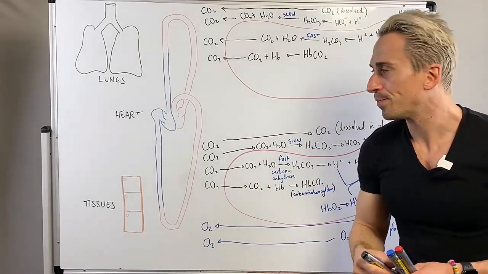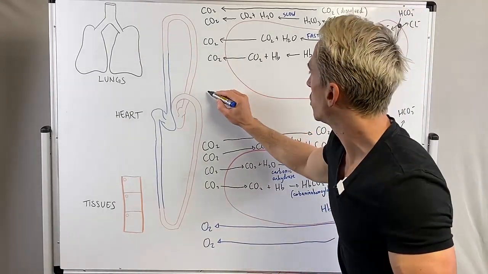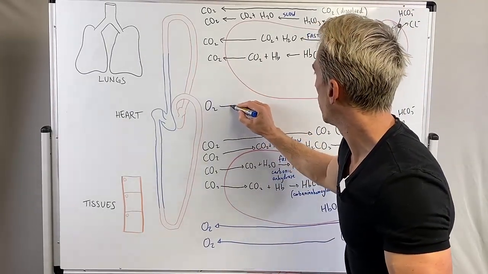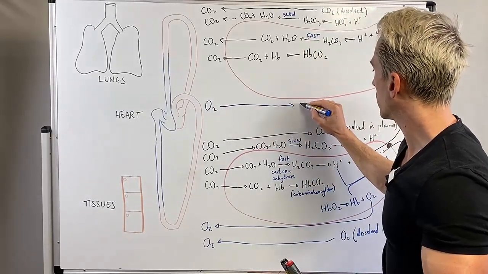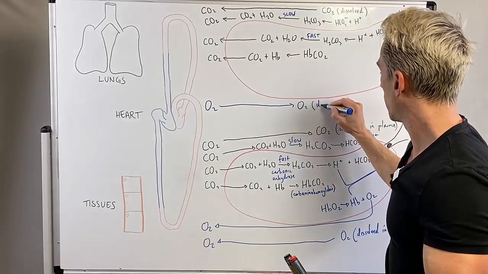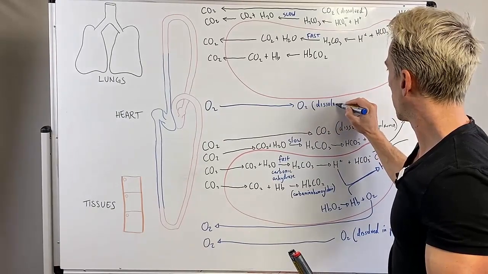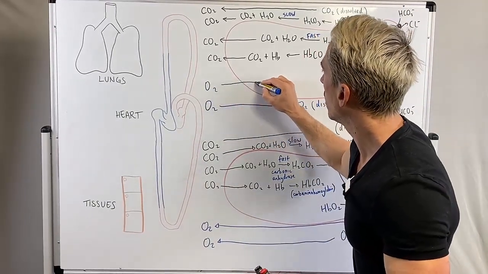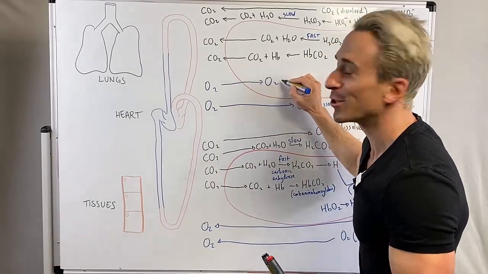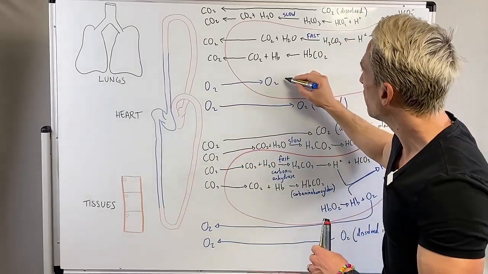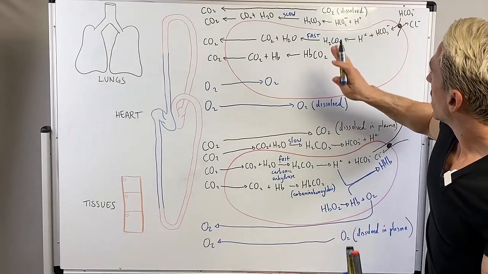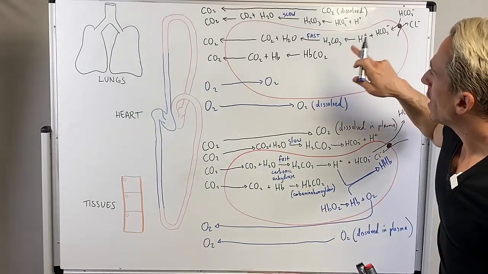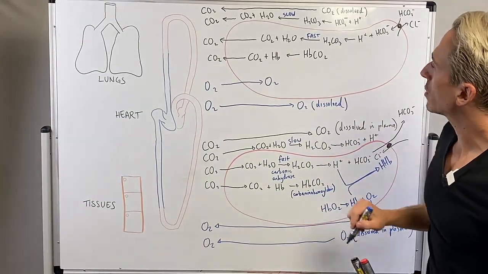Now what about the oxygen? Well, I said to you earlier that oxygen can be transported dissolved outside, or it can jump in and bind to hemoglobin. Now, this is the thing. There's free hemoglobin because the carbon dioxide's going out.